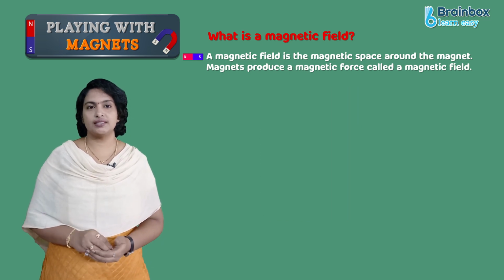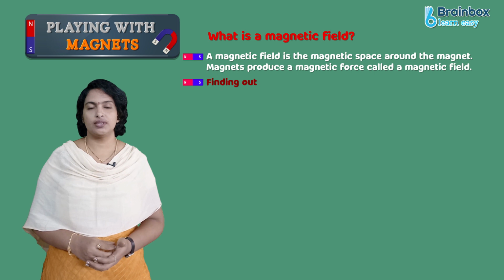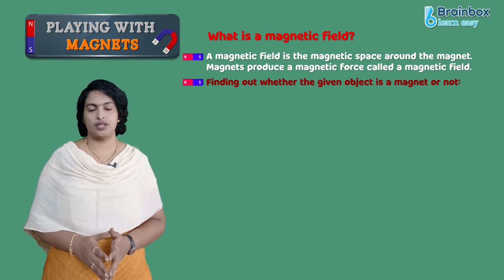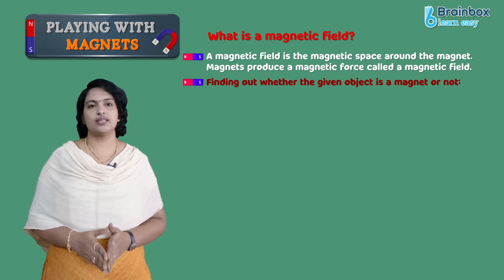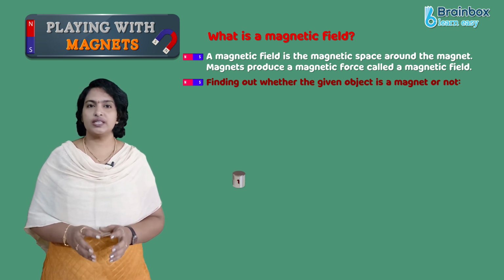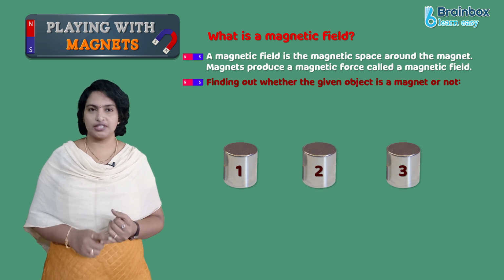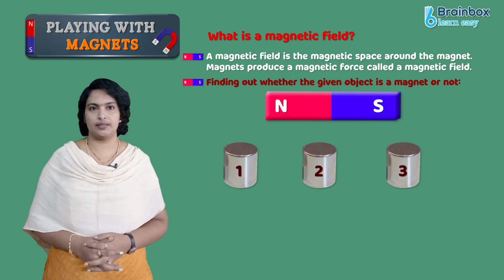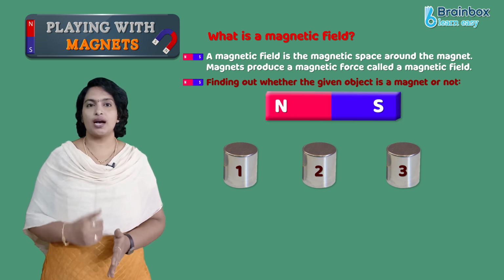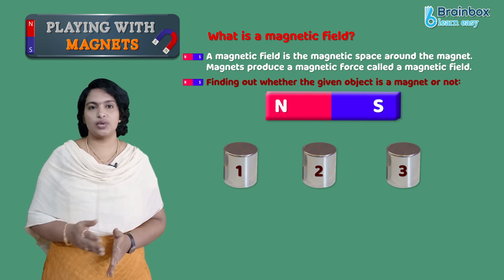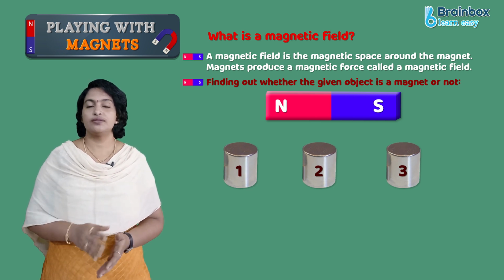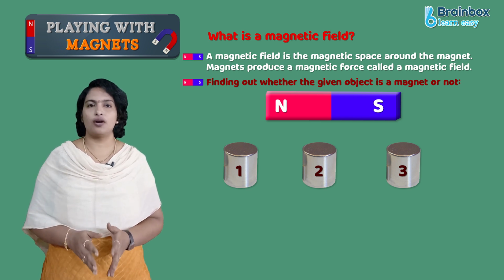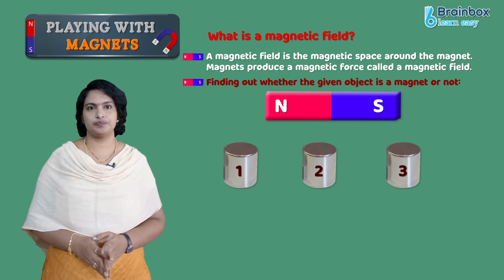Now, let us learn how to find out whether a given object is a magnet or not. For instance, think that you have been given three objects of the same size, shape and color, and also a bar magnet. Now, if I ask you to decide which one among them is a magnet, which is not a magnet but made of magnetic material, or a non-magnetic material.